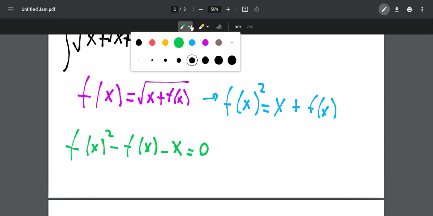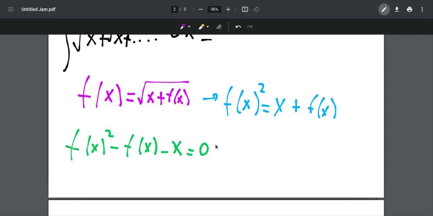So I can use the quadratic formula to see that f of x is, using the quadratic formula, minus b. In this case, minus and minus cancel, so we get 1, and then plus and minus the square root of b squared, which in this case is 1 again, and then minus 4ac.